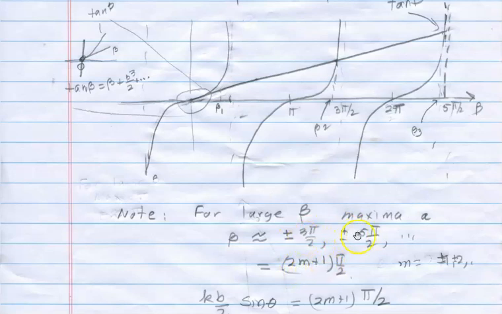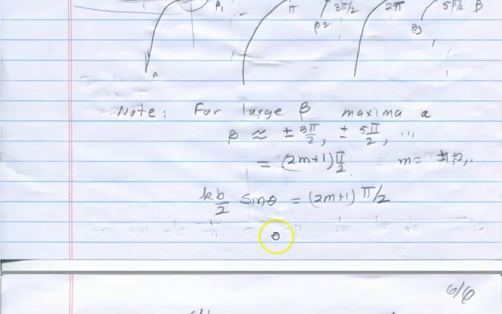That's 3, 5, so I'll put in a 1 here, you get 3 pi over 2. You put a 2 here, you'll get 5 pi over 2. And beta is still k b over 2 sine theta, and that will give me the condition whenever beta is equal to that, I get a relative maximum.